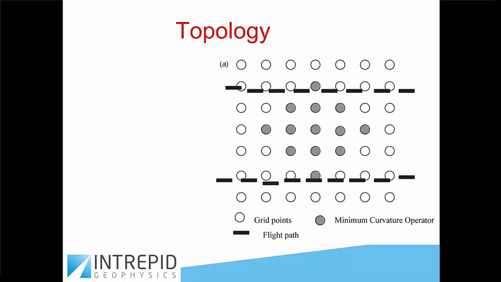Now that 13 point operator, if you imagine that those infilled dots represent those 13 points, you imagine the white open dots to mean cells that are not nearby, cells that aren't being looked at.